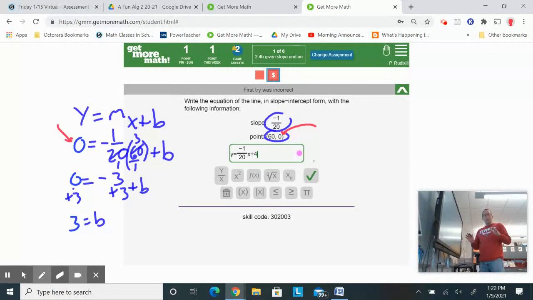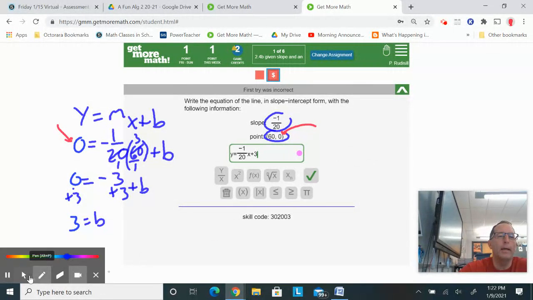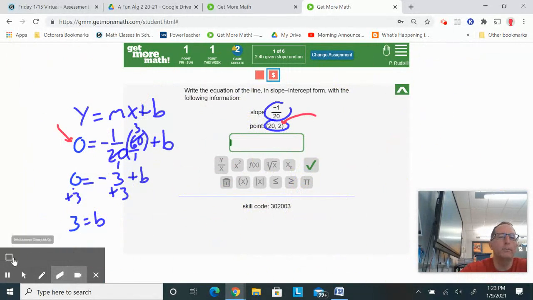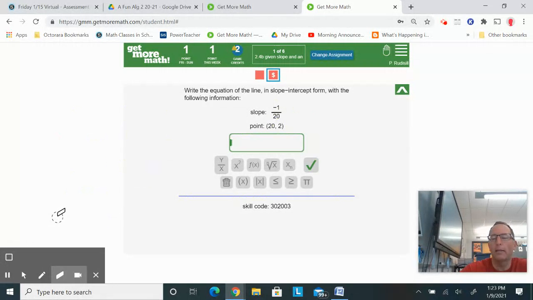So I think the only adjustment I had to make was the y-intercept here. So let me just change the 4, make it a 3, and change back to my pointer. Yes, that's how you do those problems. Good review. And if you make a mistake, be able to go back and investigate.